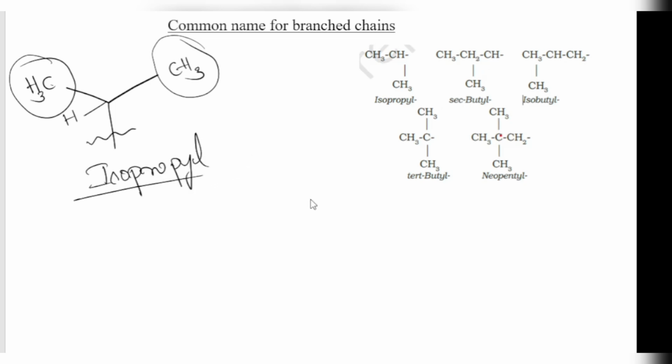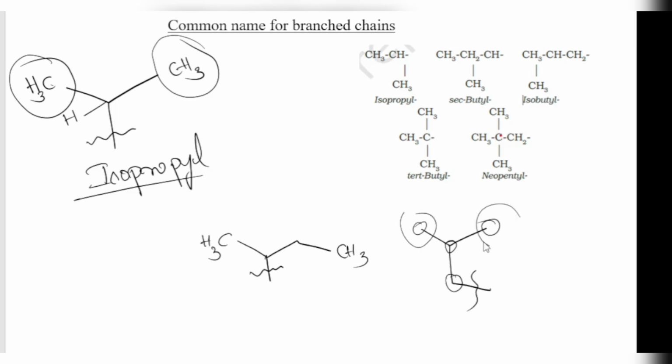Isopropyl, and here you can see another group like this. Here a methyl group is there and here also a methyl group. This group is called secondary butyl and isobutyl. Isobutyl, like this. It contains 4 carbon atoms, that is 1, 2, 3 and 4, and it is symmetric, correct? We can see identical methyl groups on either side.